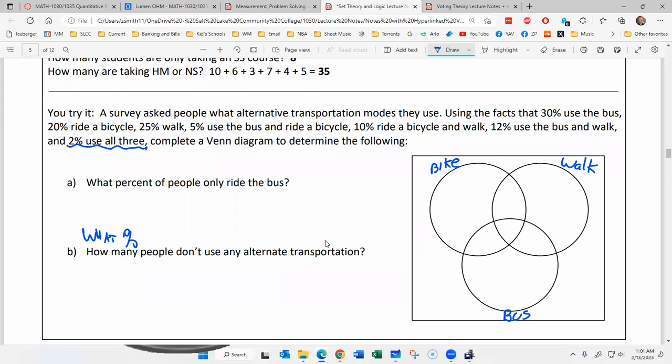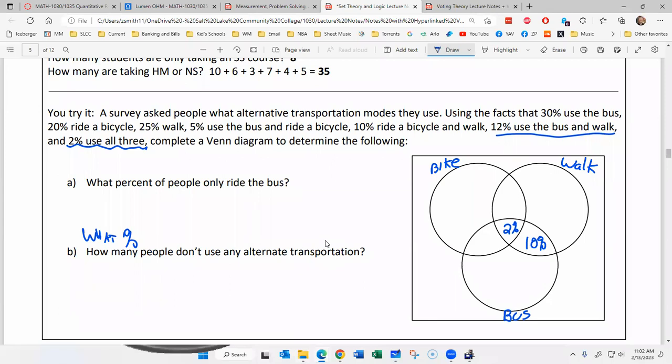We start from the inside out. 2% use all three. Then we move backwards. 12% use the bus and walk. So the bus and walk is this stuff right here. 12%. Well, 2% is already there, so the other 10% is in there. And there's our 12% who do bus and walk.